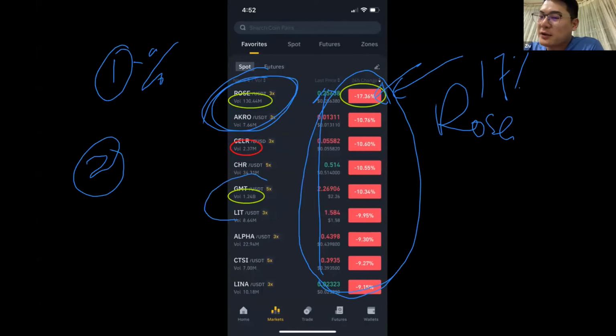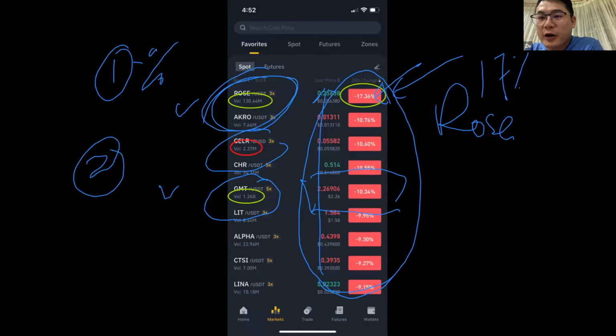And GMT, crazy lah, 1.24 billion of trading volume. So these two coins are considered very active, high volume coins. At the same time, the price is still decreasing, still dropping.